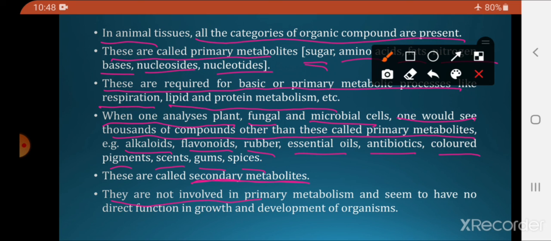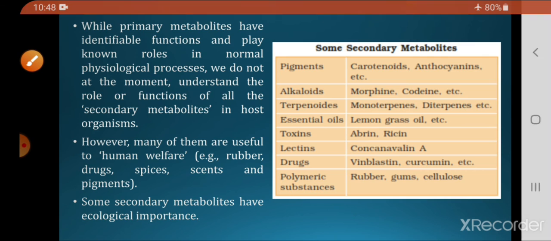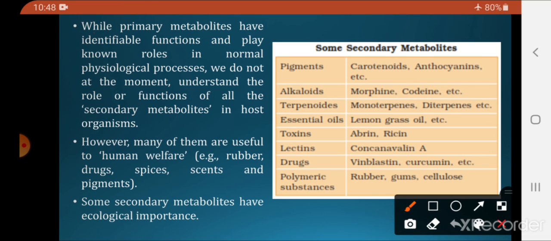So what are they called as secondary metabolites? They are not involved in primary metabolism and seem to have no direct function in growth and development of the organisms. While primary metabolites have identifiable functions and play the known roles in normal physiological processes, we do not at the moment understand the role or functions of all the secondary metabolites in host organism.